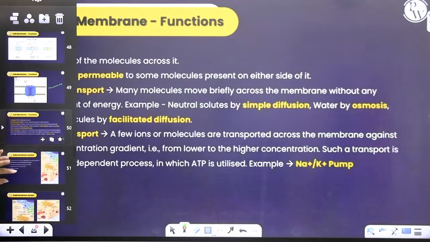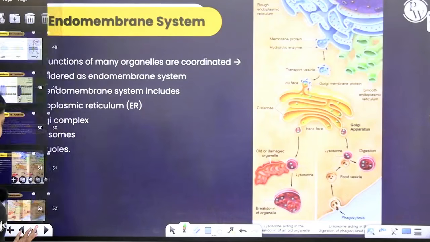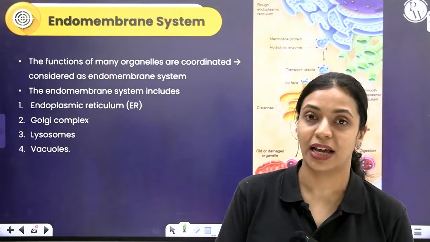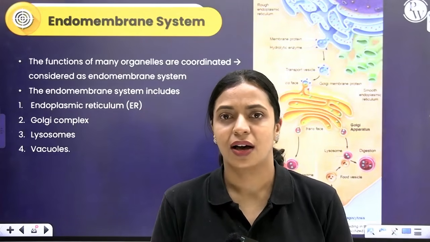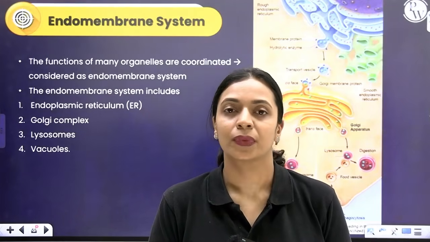Yeah, the functions I've written about all the different types I've explained so far. Now let's talk about the endomembrane system. What is the endomembrane system? You know that in eukaryotic cells, we have many different types of organelles present inside the cell, such as mitochondria, chloroplast, endoplasmic reticulum, Golgi, lysosomes and all of that.